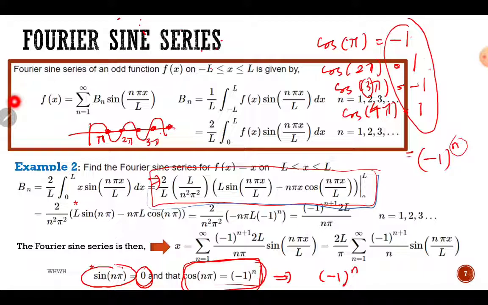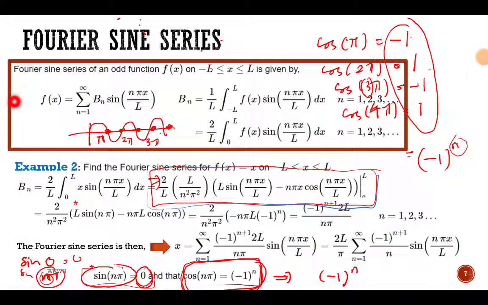Dia akan sama dengan kosong. So, kalau boleh you ingatlah, sin n pi, apart from sin kosong, okay, sin kosong memang sama dengan kosong. Sin n pi juga, kalau n tu dia adalah nombor integer, tak kisahlah nombor genap ke, nombor ganjil ke, dia memang akan jadi kosong untuk sin.